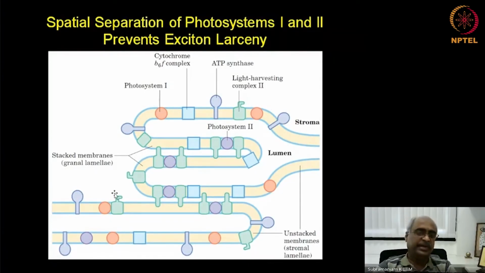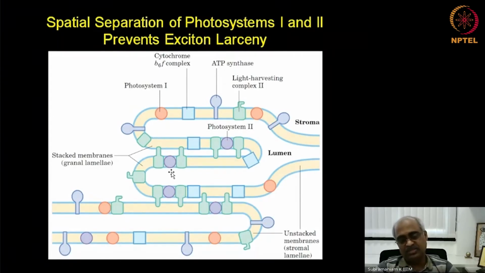So if you look at the diagram, you don't see this photosystem 1 in the appressed region. Okay, so here you don't see it. And you see photosystem 2 primarily only in that region. And you have this light harvesting antenna that is harvesting the light energy for photosystem 2 in close proximity.